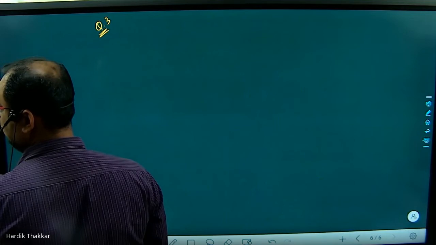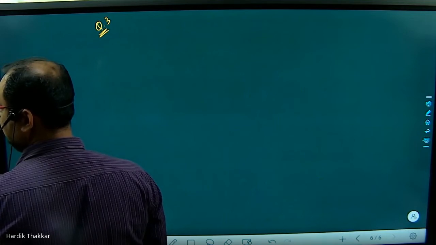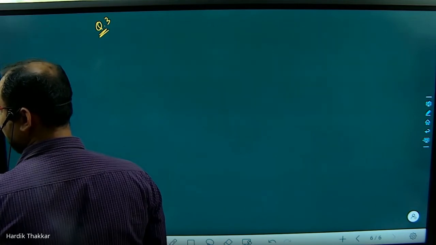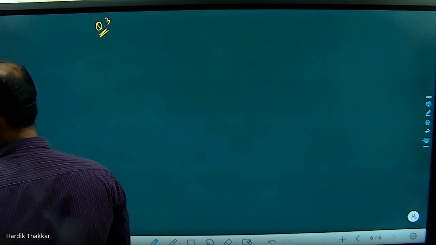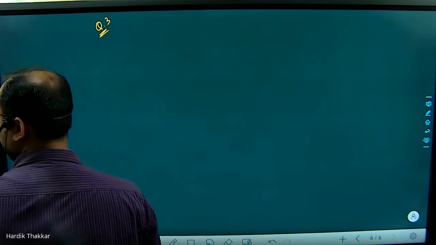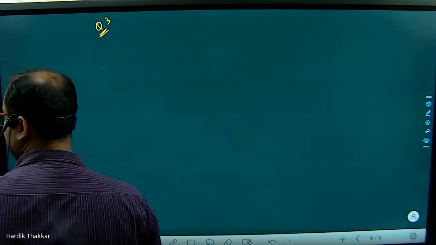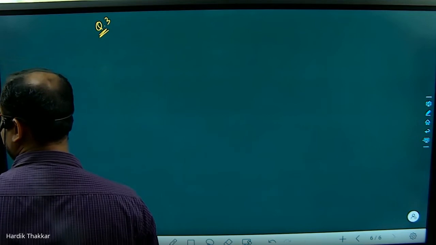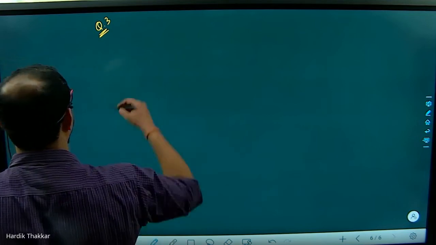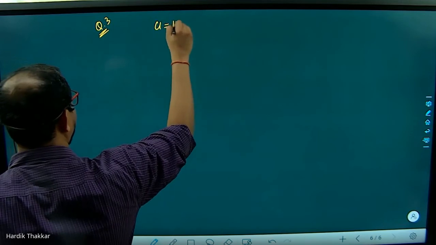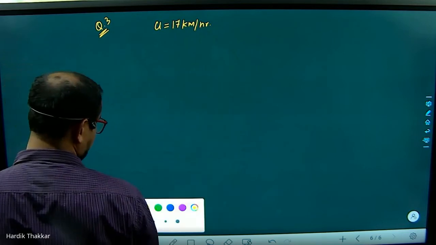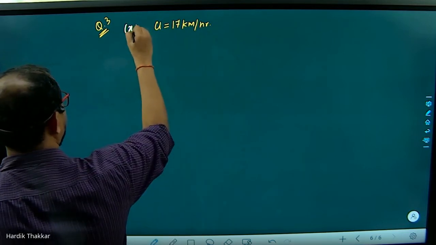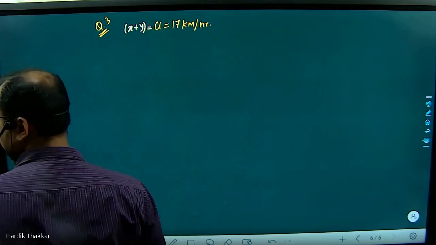In 2 hours, a boat covers a certain distance in a river downstream at 17 kilometer per hour. So this downstream speed is given. Downstream speed is basically u. So u is equal to 17 kilometer per hour. x plus y को u ले रहे हो ना? हाँ, simple, x प्लस वाई को u लेते हैं, या x प्लस वाई इज इक्वल टू 17 लिख दो तो भी चलेगा. ठीक है.